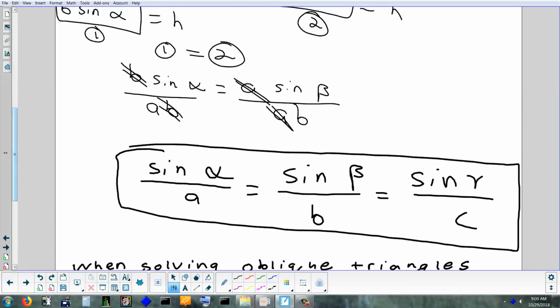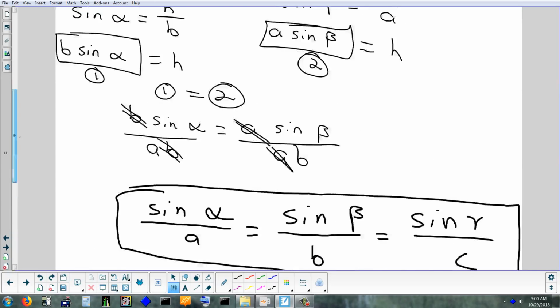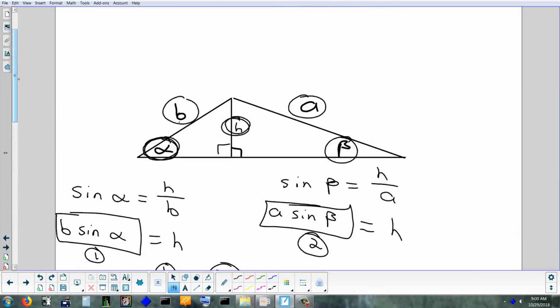And as I said earlier, it is not necessary to even know this law. Okay? If you gave me a problem and you asked me to figure out all the sides and the angles, and let's say this was 10 and this was 3, and you wanted me to figure out the height of that triangle, well, I could draw in my height, and then I could use right triangle trig on this side and find the height.